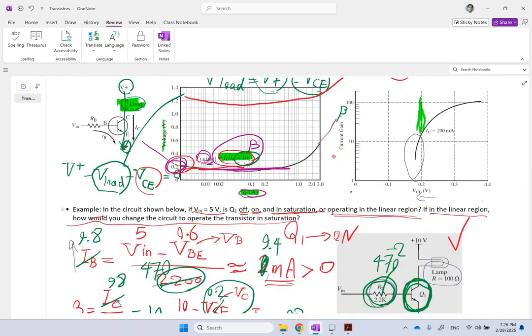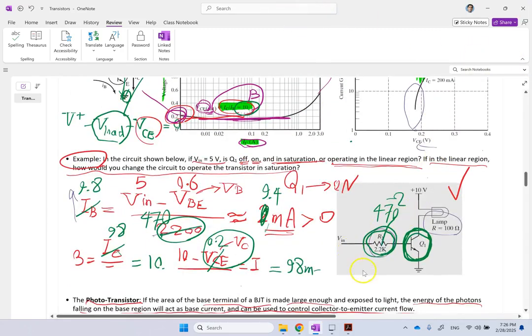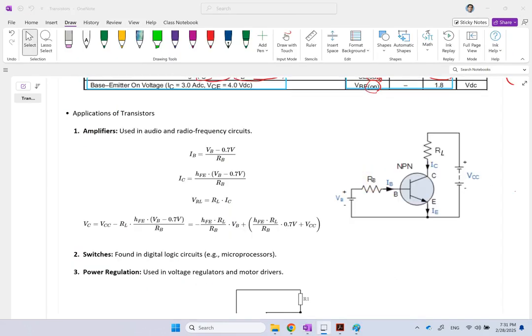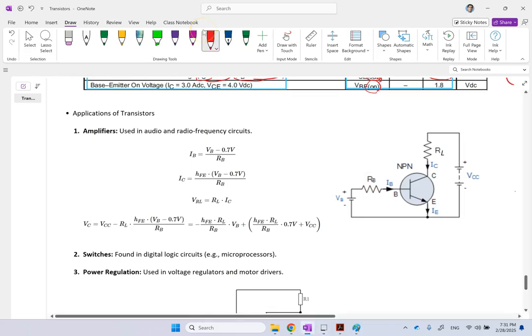I showed you that if you want to stay in the saturation region, what kind of resistor do you need for RB, and whether it is in the saturation or linear region. Okay, now let's look at the applications of the transistors as the last part of this lecture. So we have seen switching in transistors. Now let's look at the linear operation in the linear region and amplification.